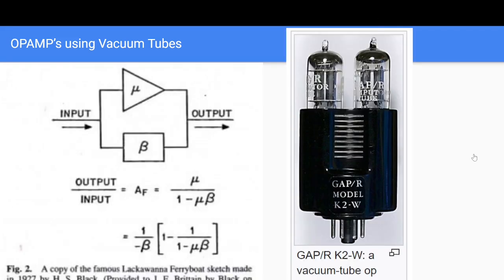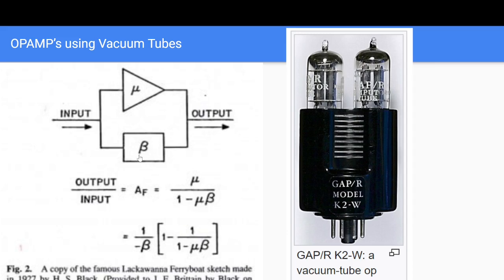Carry on. And this is again the mathematical model of OPAMPs using vacuum tubes. Output to input is called a transfer function, or you can call it amplification, and mathematically that's what it comes down to: mu over 1 minus mu beta, and beta is the feedback I was referring to.